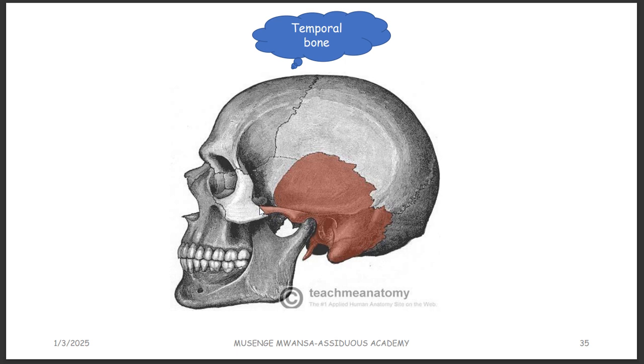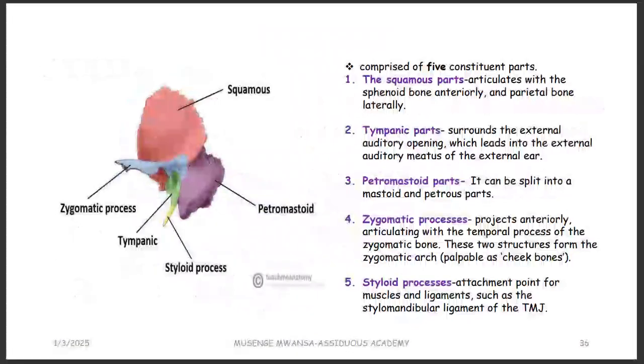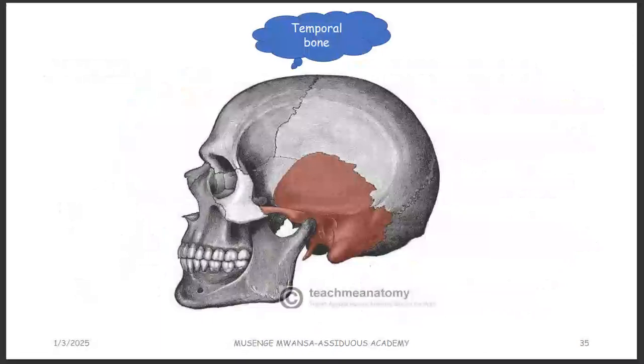So the way you are going to name these parts is, for the zygomatic bone, sorry, the zygomatic bone is attaching to the temporal bone, right? We have got what we call the temporal process of the zygomatic bone.